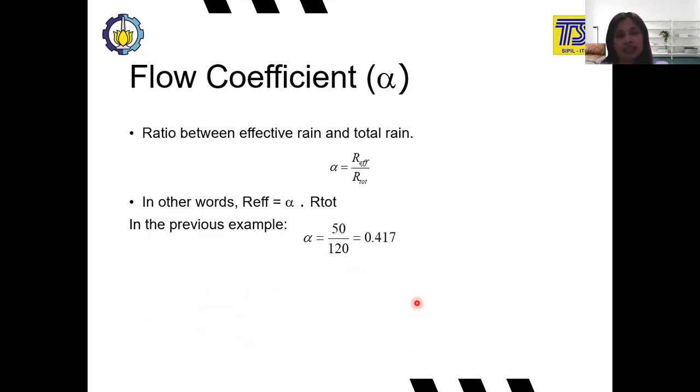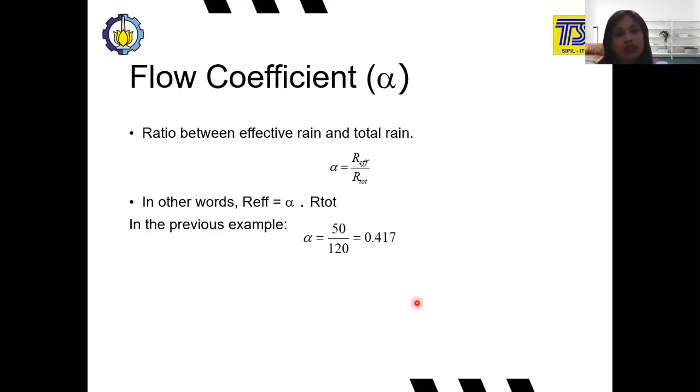And besides the V index and W index, we have also the flow coefficient. The flow coefficient is the ratio between the effective rain and the total rain. The total rain is the rainfall that's pouring from the sky, and the effective rainfall is the rainfall which is becoming the surface runoff.